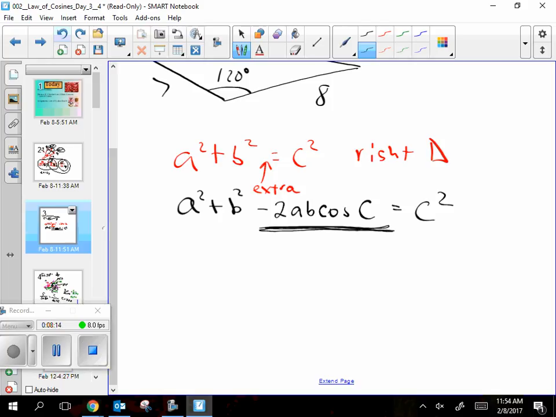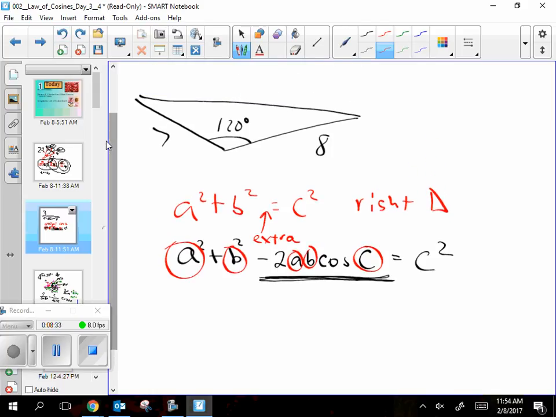Okay, so now, do you get that if I just told you a and b, here's a, here's b, all I'd need is this angle, and I can figure out the answer because I've got the whole left side of the equation. I just stick all the numbers in. So look at my picture. Do you remember me saying that in the law of cosines, the angle they give you should be a certain one?